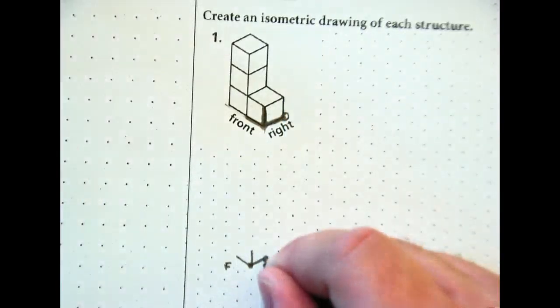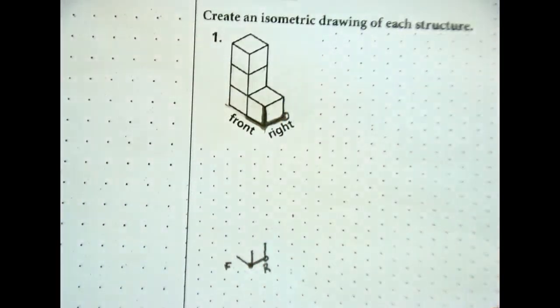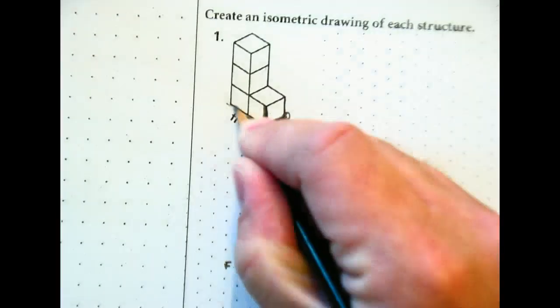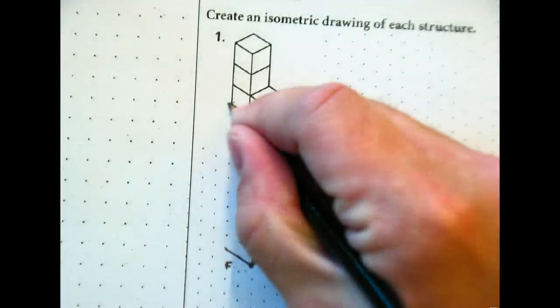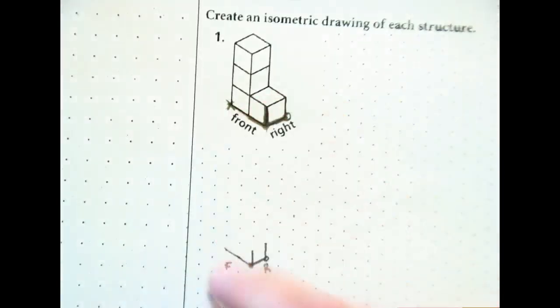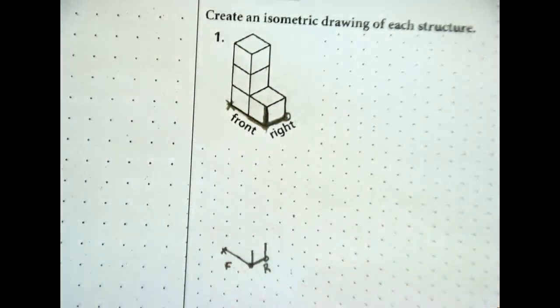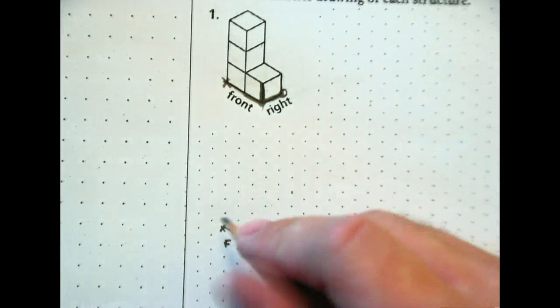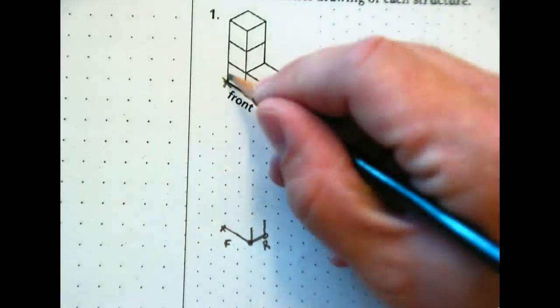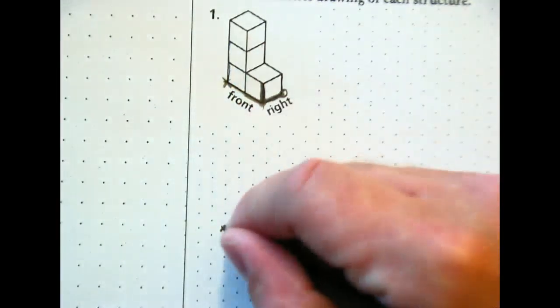So here I go up 1. Okay, and then on the front side I go back 2. So I'm going to drop back 2, and that brings me to this point right here. If I marked it with an X, that would represent the same point. And from that point I'm going to go up how far? 3. 1, 2, 3.